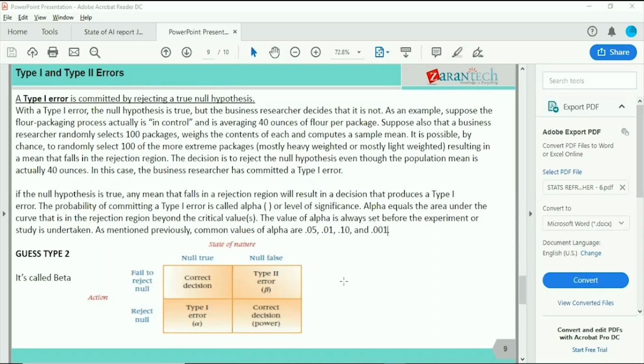Is this type 1? And type 2 is there will be churn, but you will say there will not be churn. Correct?